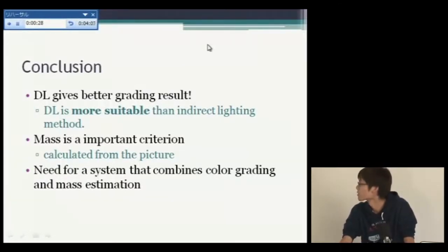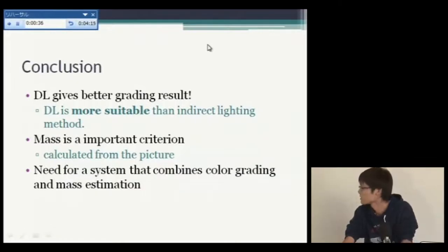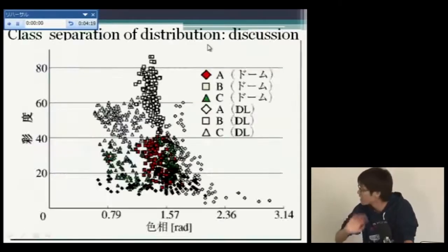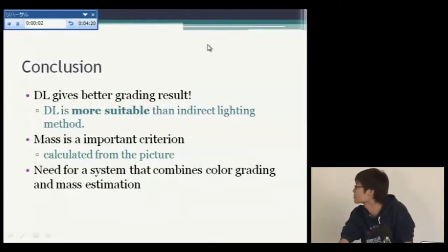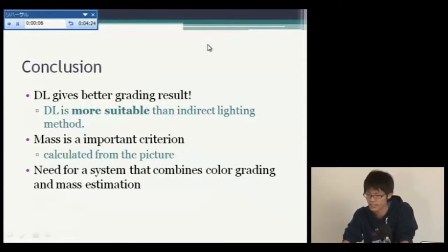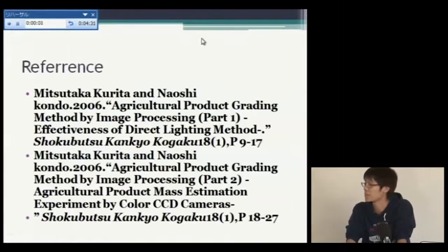So mass is an important criterion, and this mass can be calculated from the pictures you see in this, from two sides, top and side. So we need a system that combines color grading and mass estimation. That's all. Thank you very much.